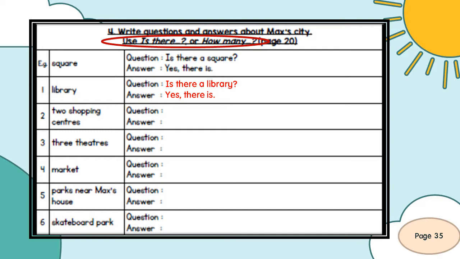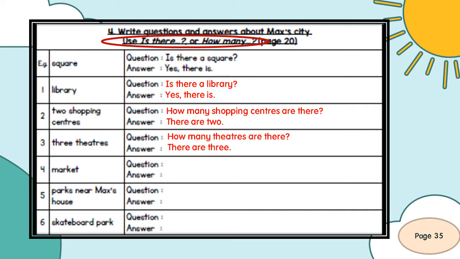Number 2. 2 shopping centres. How many shopping centres are there? There are 2. Number 3. 3 theatres. How many theatres are there? There are 3. Number 4. Market. Is there a market?